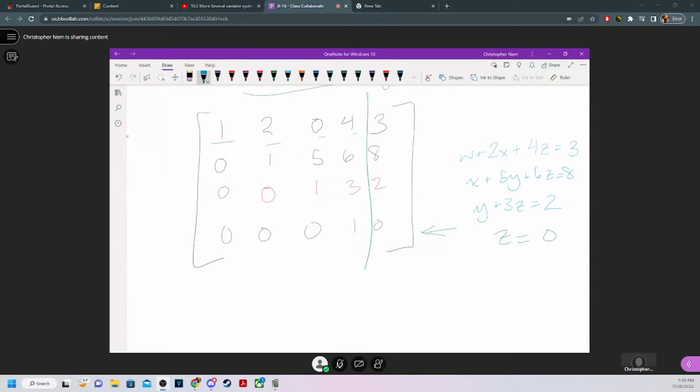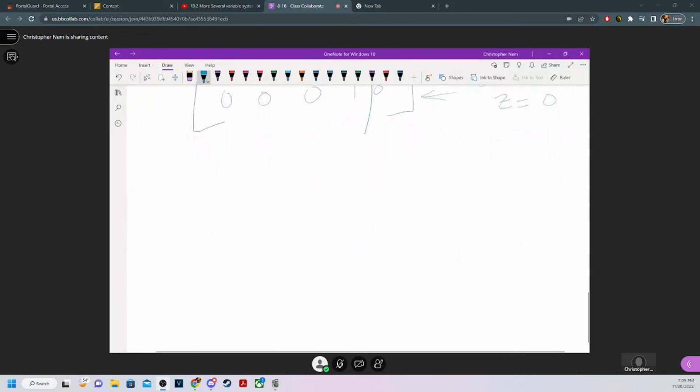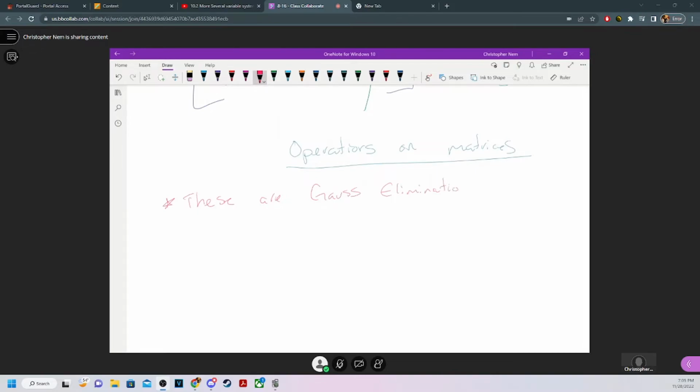So that's very important. Now, when we were doing Gauss elimination, so operations on matrices, I stated that, hey, we can interchange rows.